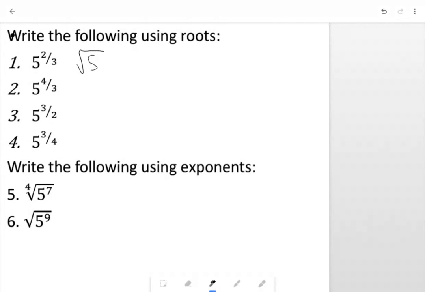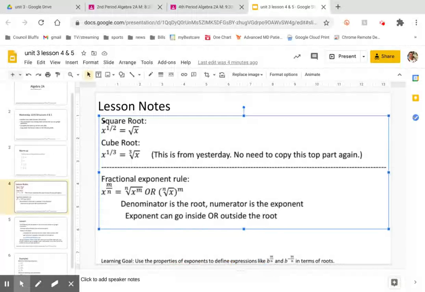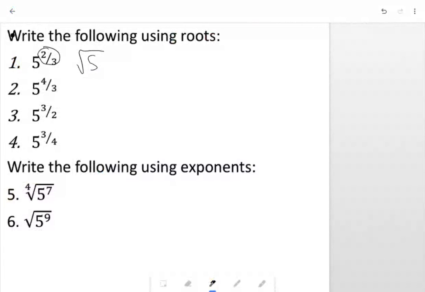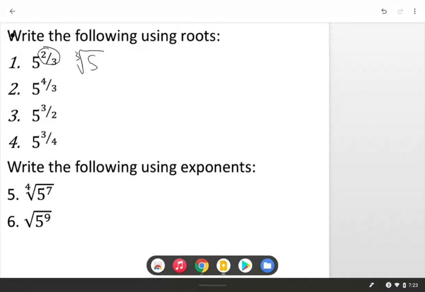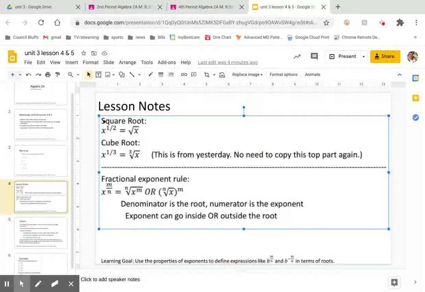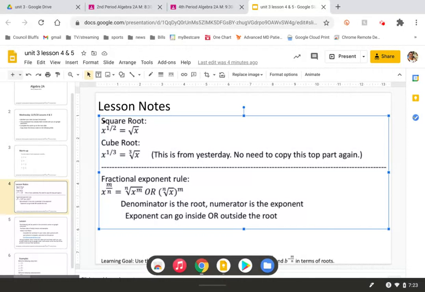So we're going to write it like this, okay? So now we have to account for this exponent of 2/3. So if we look at our lesson notes, the denominator tells me the root. So the denominator in this case is 3, which tells me it's going to be a cube root, okay? The numerator, which in this case is 2, is the exponent. And that exponent can go inside or outside the root. So what do I mean by that?